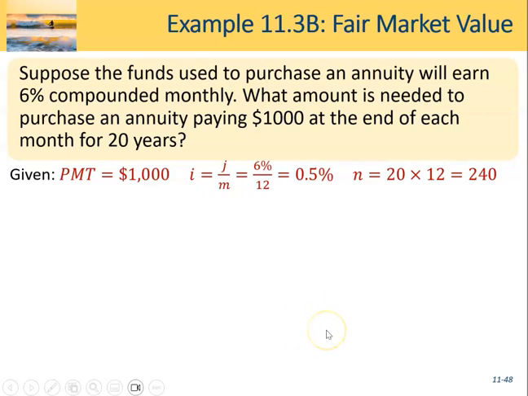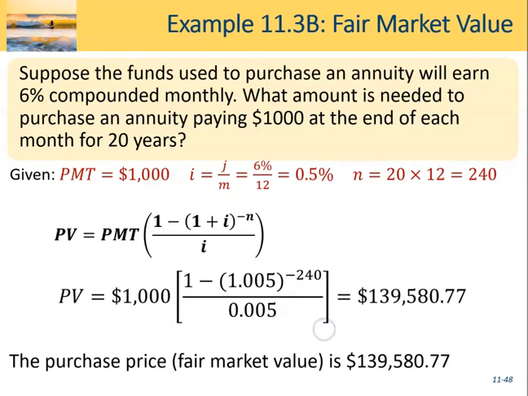So I don't have an illustration for the calculator doing the calculations, but we can definitely figure it out. Okay. So given the payment, we know that the payment is $1,000. I'm just going to put this information up here for the actual calculation. So think about it.